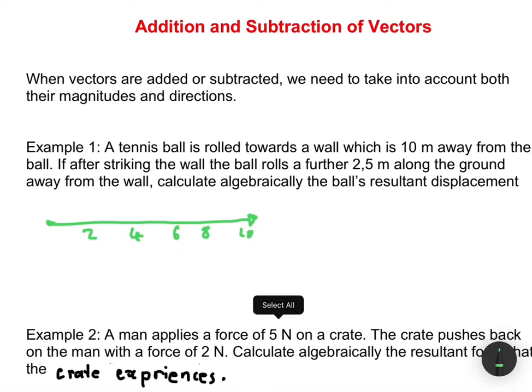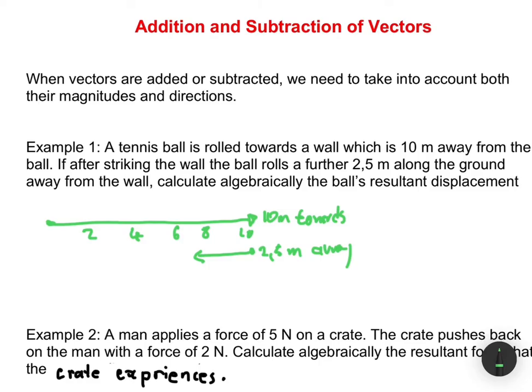So let's denote that with a vector 2. Starting where we ended, let's go backwards because that is where the ball is rolling. So if we do that, then we're going to be somewhere there. So this vector is 10 meters towards the wall, and then here we have 2.5 meters away from the wall.